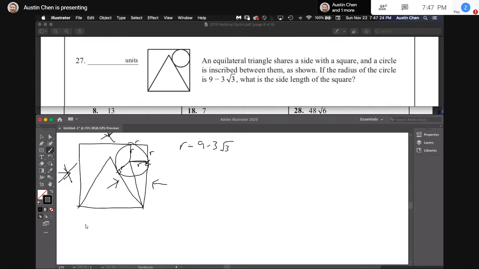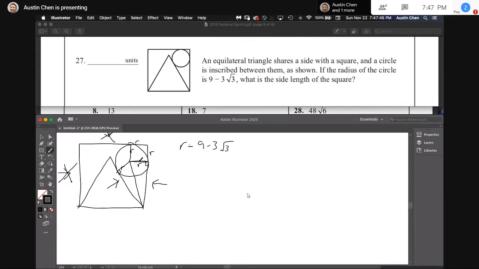Oh, actually, you can't say they're congruent, actually, can you?